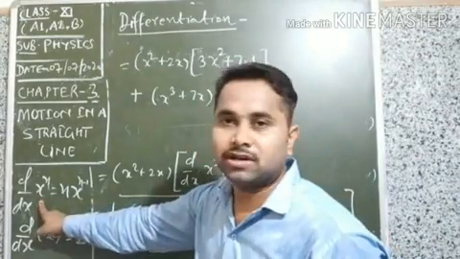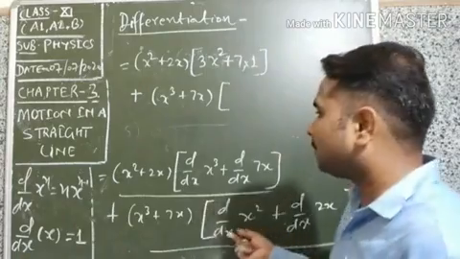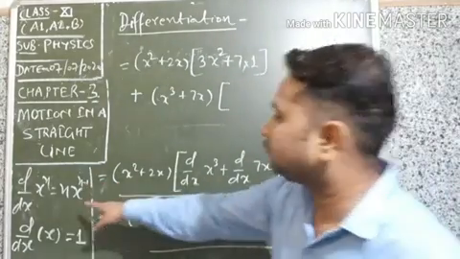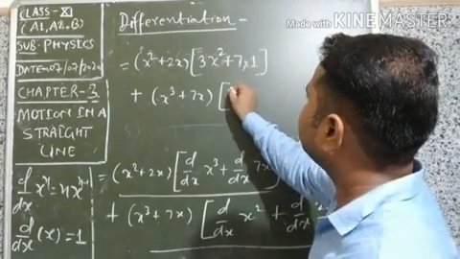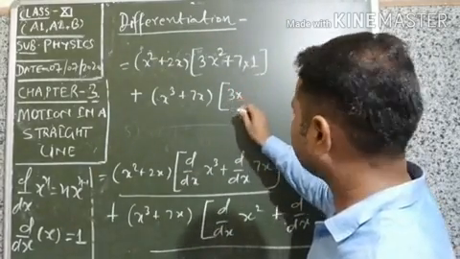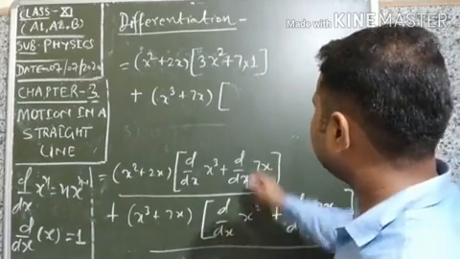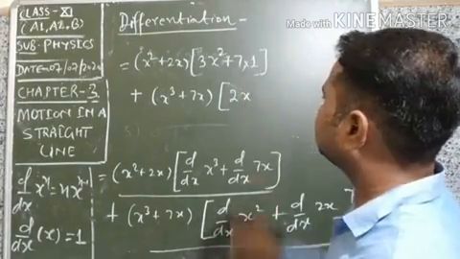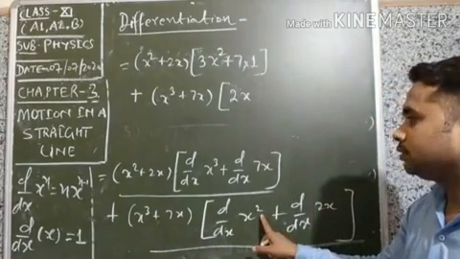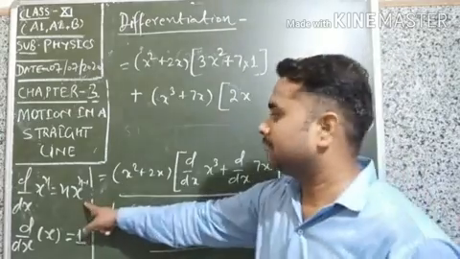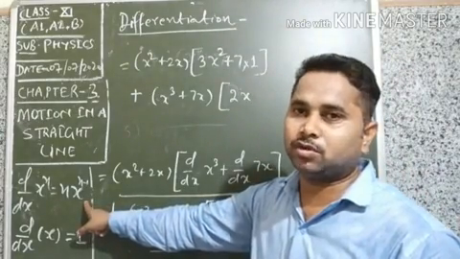Again using this general formula. इसका मतलब यहाँ पे n है formula में, that is here 2. So use this formula again. So this is equal to 2 into x, 2 is n, and x to the power 2 minus 1. बिल्कुल यही फॉर्मूला यूज हो रहा है, इसे समझने की कोशिश करो.